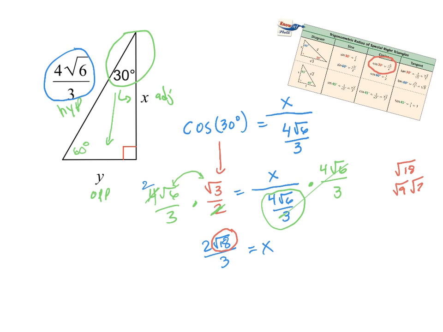And then I know how to do the square root of 9, so that turns into a 3. And so this is actually 3 square root of 2. So this fraction is 2 times 3 square root of 2, over 3. And these 3's cancel. And so the answer for x is 2 square root of 2.